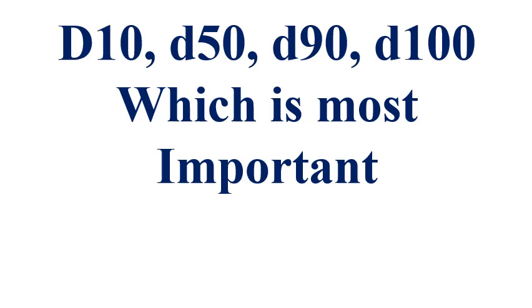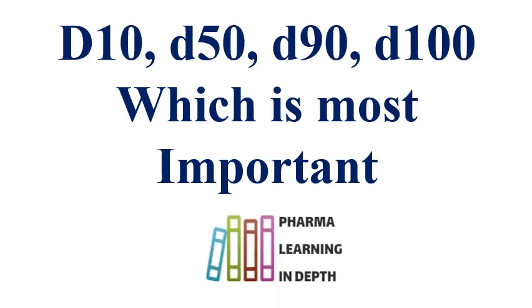So this is the video regarding D10, D50, D90, D100. And now you will be able to understand, and you will have a good idea about the parameters for PSD, or key considerations for PSD specifications, and you will know which of these values is most important.